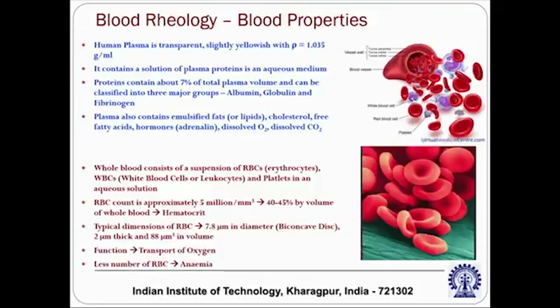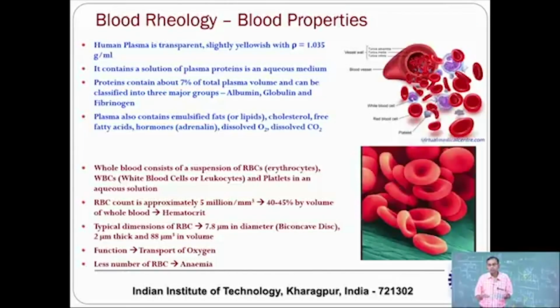Blood is a very complex fluid, and that is why there is a great challenge in modeling blood. Blood fundamentally is a collection of cells in plasma, but at the same time we have to understand: is plasma just like water?